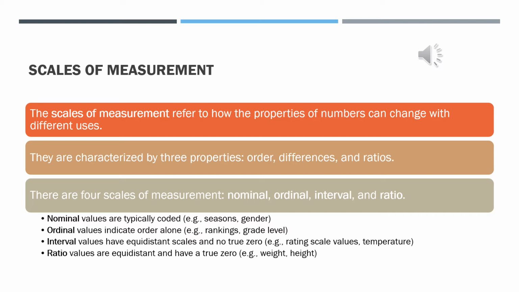So for scales of measurement, the nominal scale is used for qualitative data. It doesn't give any numerical meaning to the data. It can be classified. It can't be subtracted, multiplied, divided, or added.